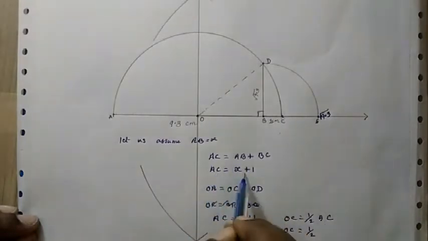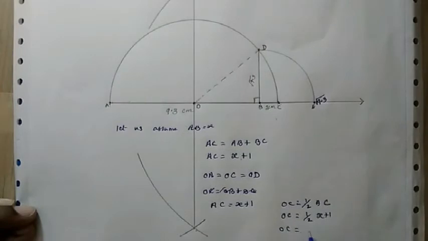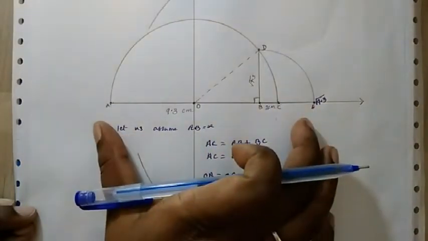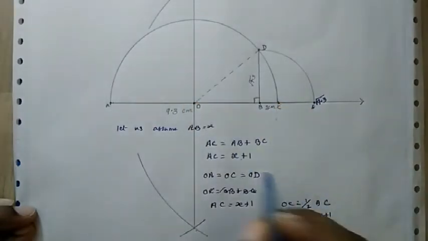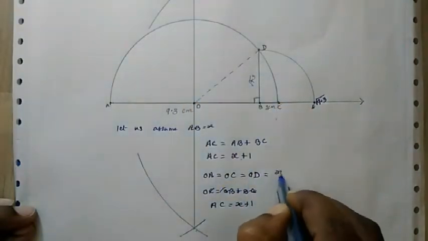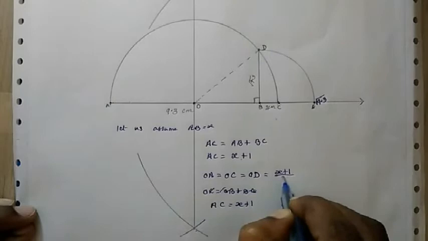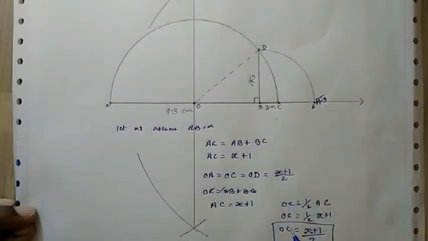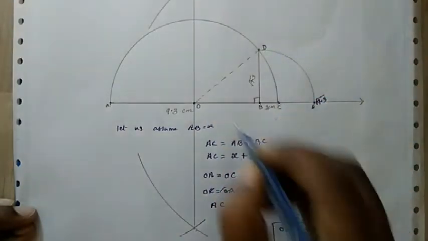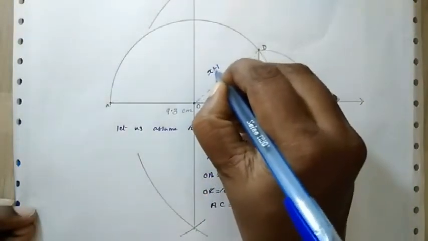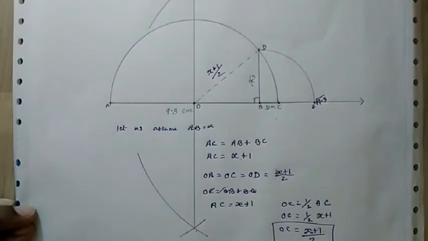AC we said is X plus 1. So can we write OC is X plus 1 upon 2. Then OC will be half of AC. Therefore, OC or OA or OD is X plus 1 divided by 2, half of it.